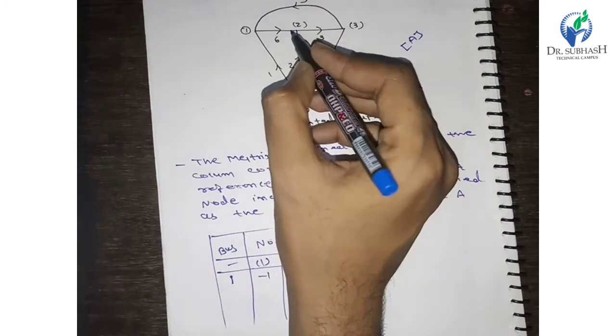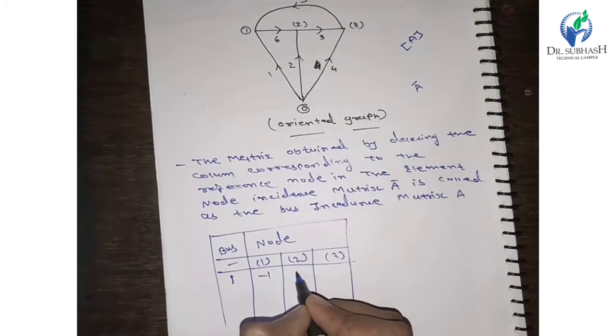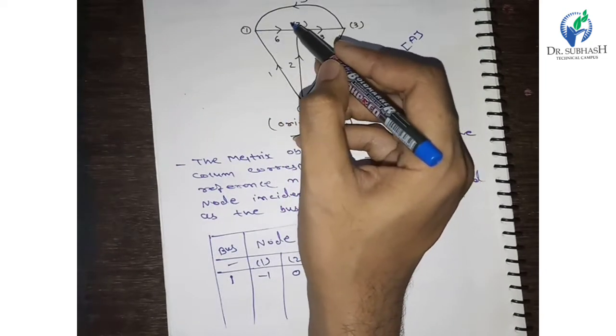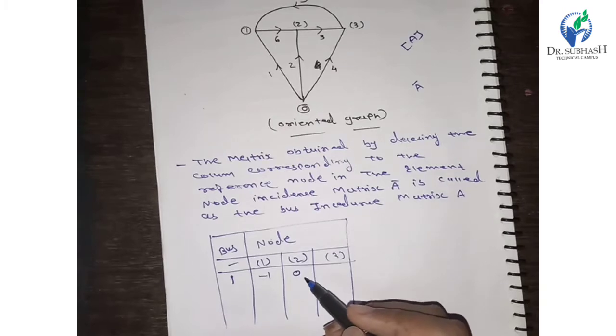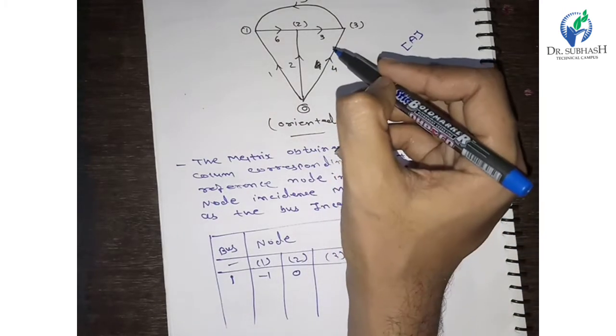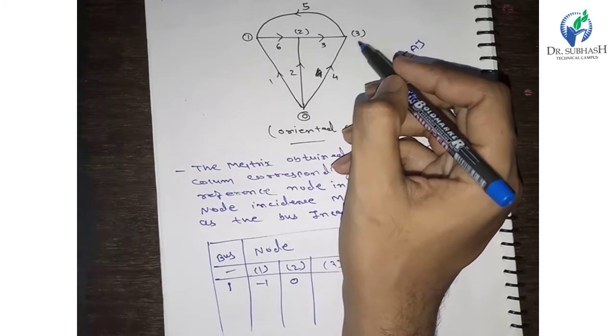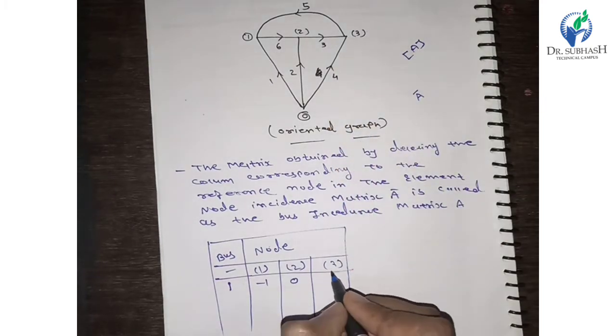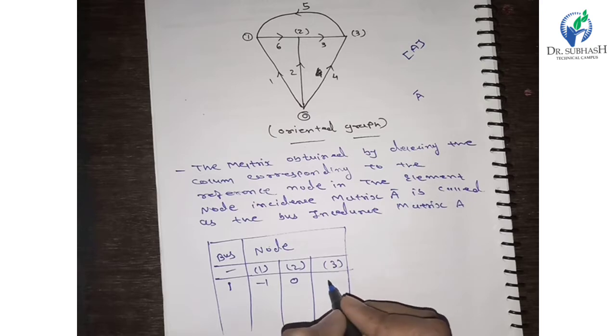In node 2 there is a 0, since bus 1 is not connected with node 2, so we put the value of node 2 as 0. In node 3 there is also no connection with bus 1, so the value for node 3 is also 0.